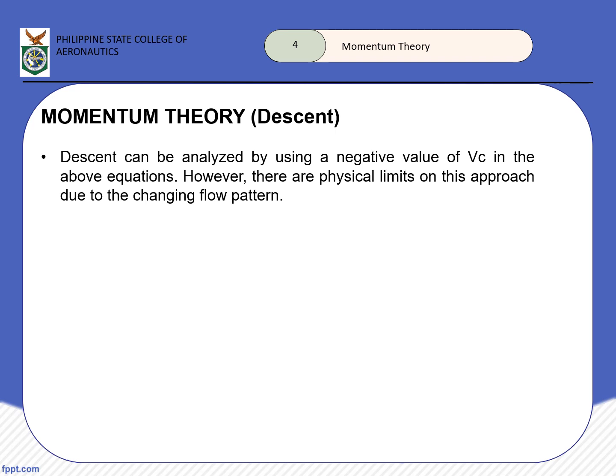So, we now reach our momentum theory, which deals with descent. So descent can be analyzed by using a negative value of Vc in the above equation. However, there are physical limits on this approach due to the changing flow pattern. You will notice later in the figures that our capture area is now below.